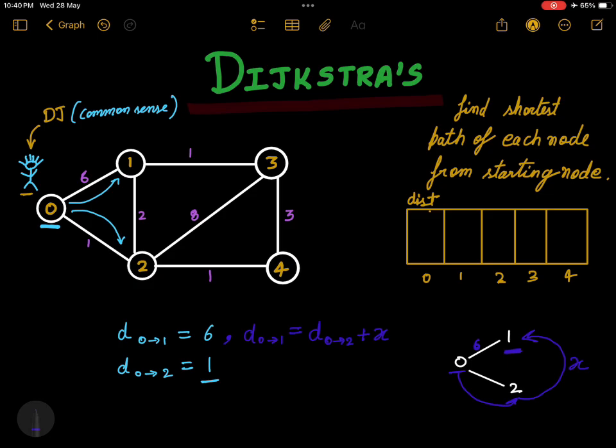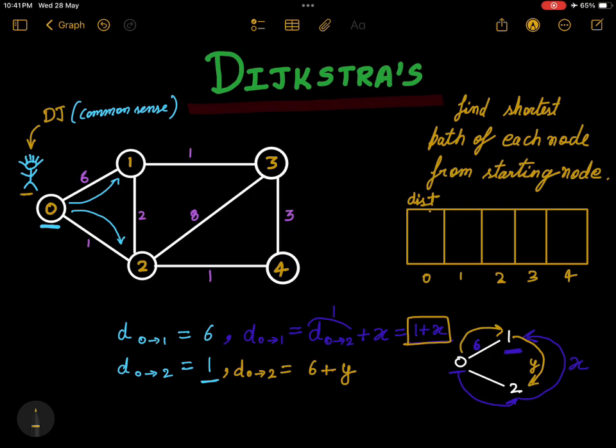And similarly for the distance 0 to 2 we have two paths, right? One is directly going from 0 to 2, which will cost us 1 unit, right? And the other path is go from 0 to 1 and then from 1 to 2, right? Let's write it as 6, which is 0 to 1, plus some distance y.